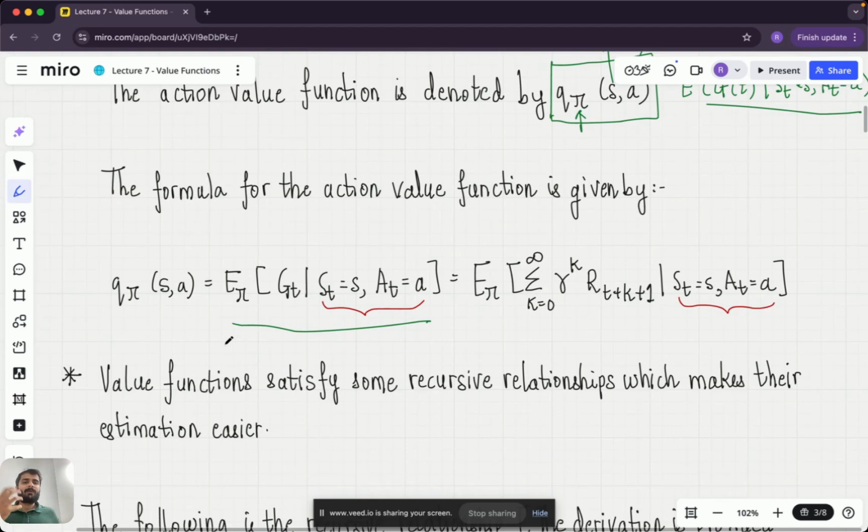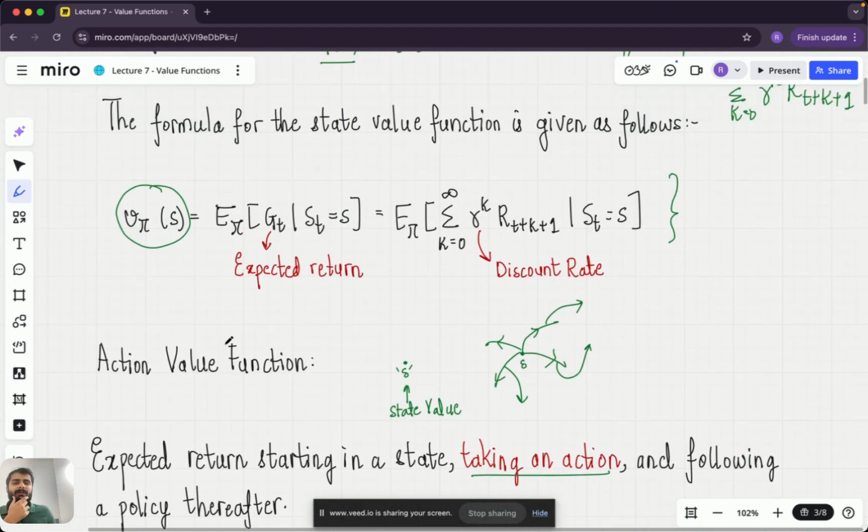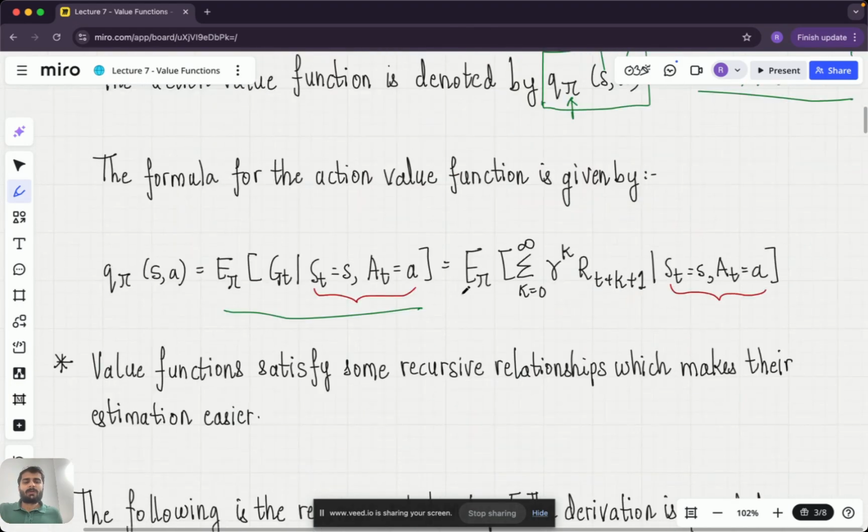there is a formula which we can derive for the state value function, and here the formula is like this, right? But it turns out that if you use the property of the state signal having a Markov property, then you can simplify this derivation and you can arrive at a formula for the value function which looks like this.